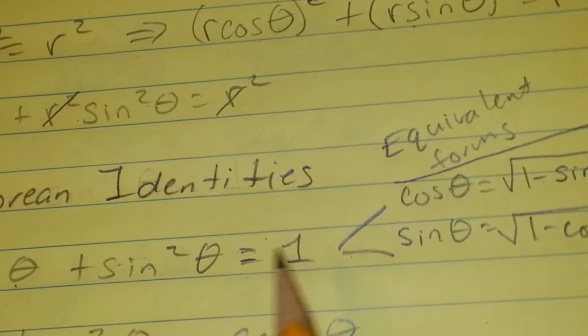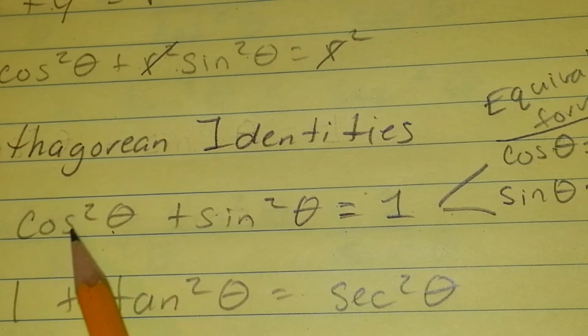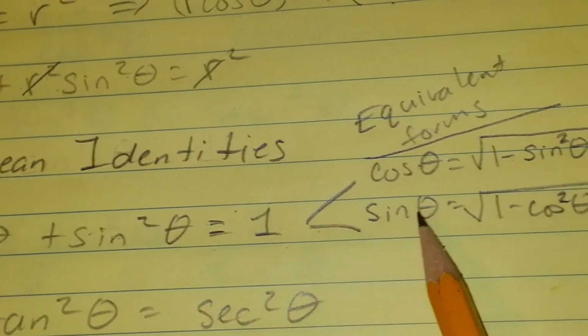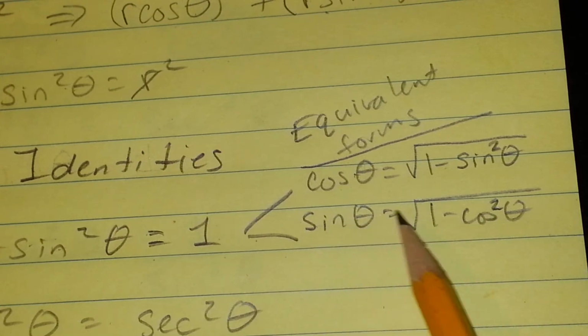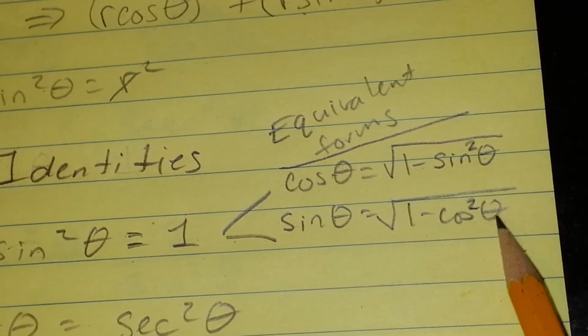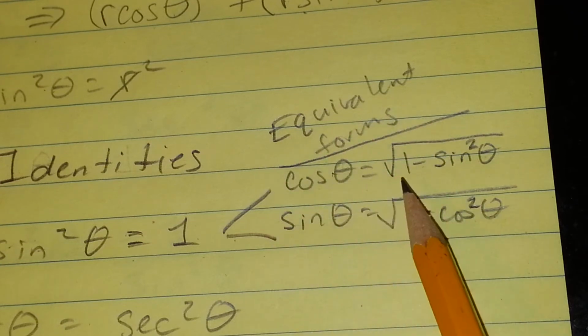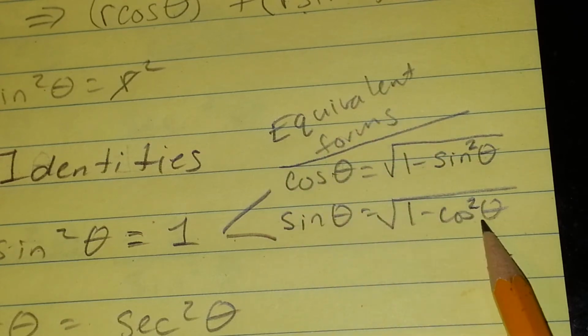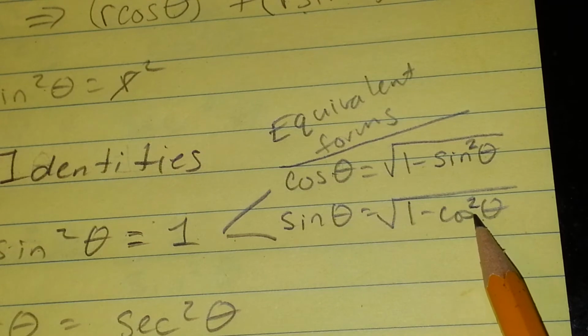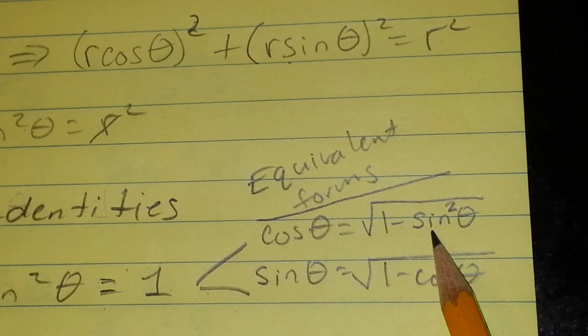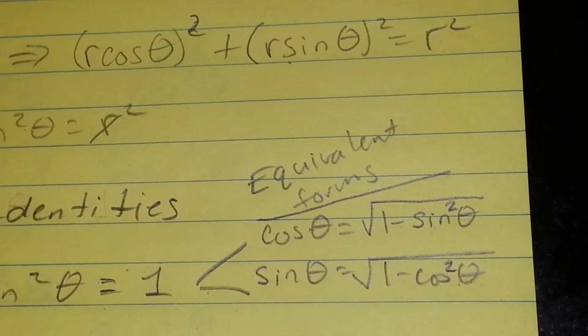If I wanted to solve for sine, I'd subtract cosine squared from both sides and square root both sides. Sine theta equals the square root of 1 minus cosine squared theta. You never know, you might see something like this and need to recognize it as sine of theta, or you might have to resubstitute cosine theta.